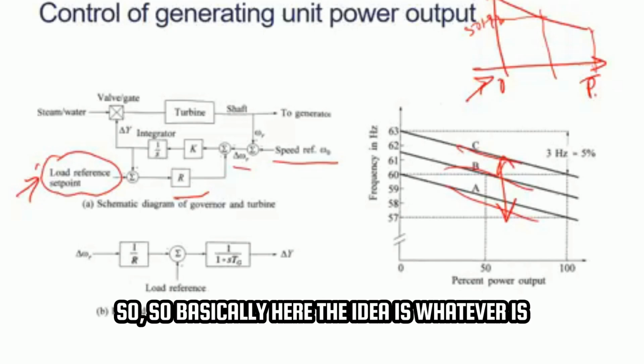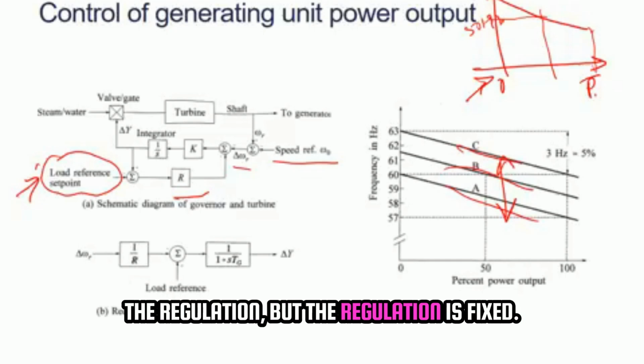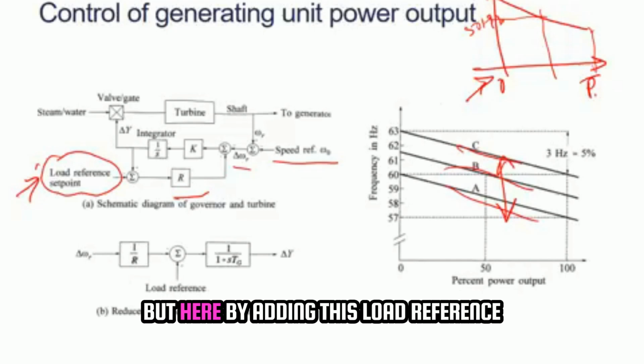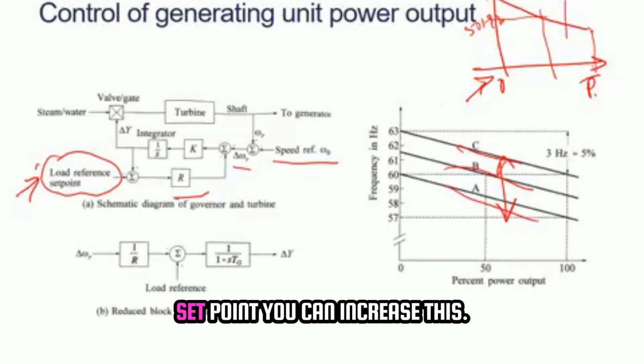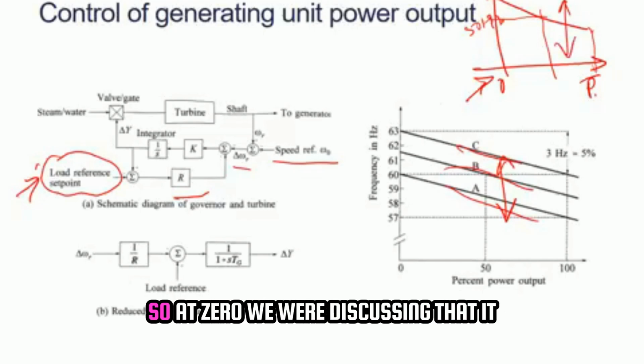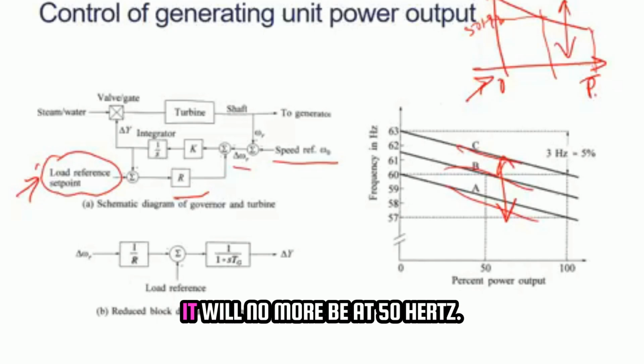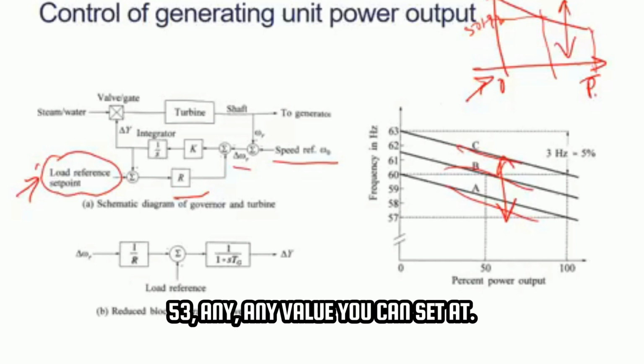The regulation is fixed, but by adding this load reference set point, you can shift the line. At 0 load we were saying it is 50 hertz, but with this set point change it will no longer be at 50 hertz. At 0 it can be 51, 52, 53, any value you set.